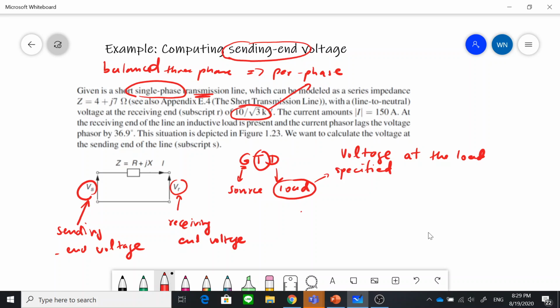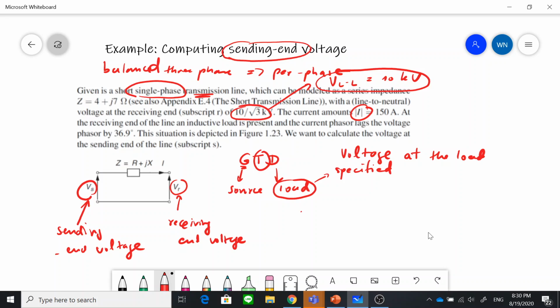That means the line-to-line voltage of the real system is 10 kV. The real line-to-line voltage that you could measure from the system is 10 kV, and the magnitude of the current flowing from the source to the load is 150 amps. The absolute value here stands for magnitude.